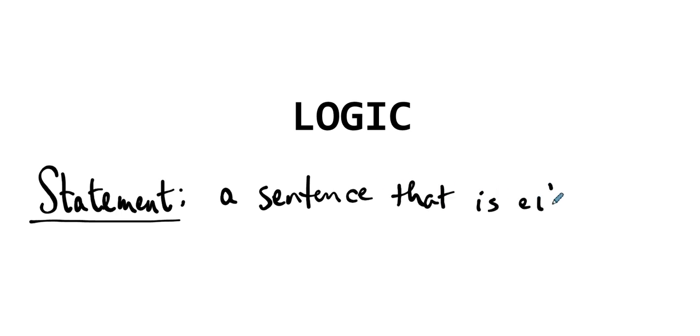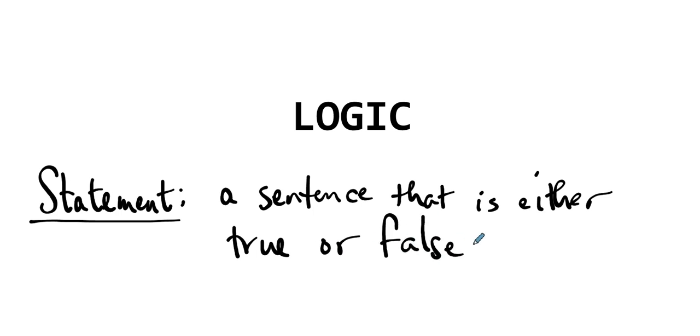What do we mean by a statement? A statement is a sentence that is either true or false. It's either true or false as it is written. It can't be one of those things where, well, it's true if you mean it like this, and it's false if you mean it like that.